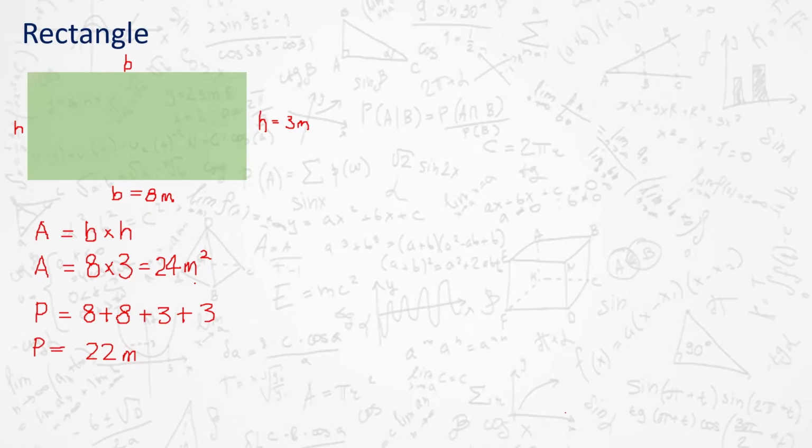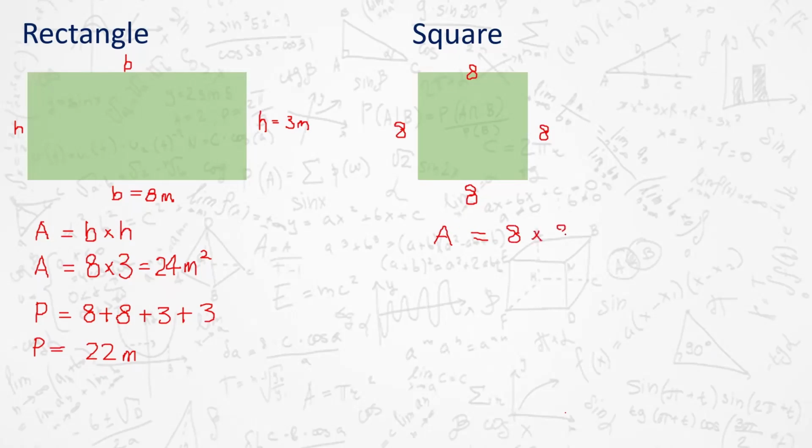Next, we will look at a special case of rectangle, which is square. Square indicates all four sides are the same. So if my base is 8, then all other three sides will also be 8. Therefore, if I'm looking for the area, it equals 8 times 8, which is 64 meters squared.